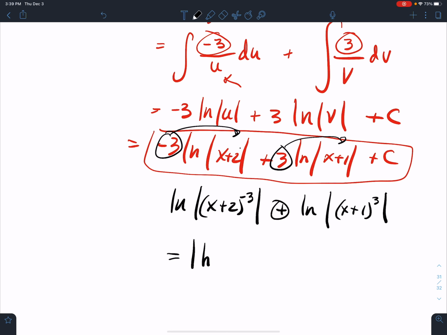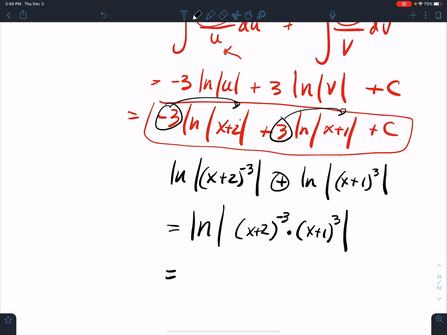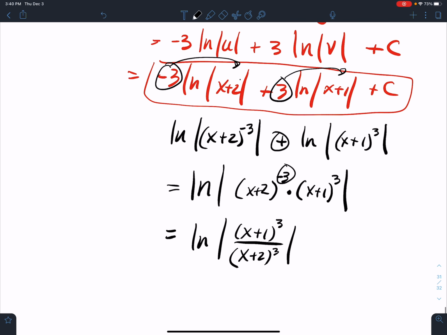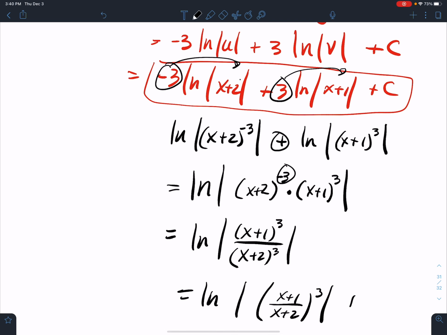So this becomes ln of x plus 2 to the negative 3 times x plus 1 to the positive 3. And so then you could flip this to the denominator, and so you have x plus 1 cubed over x plus 2 cubed. Okay? And if you wanted to go even further, you could just say this whole thing, x plus 1 over x plus 2, all cubed, plus c.